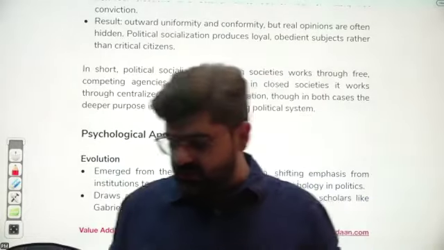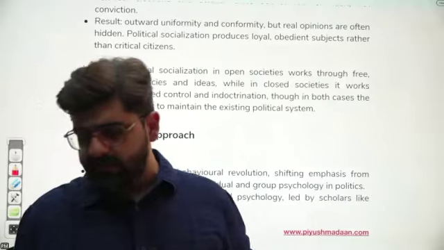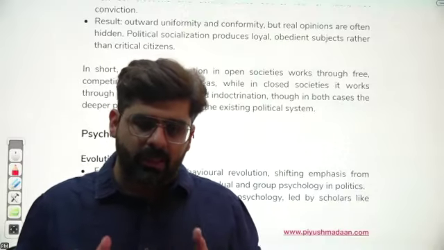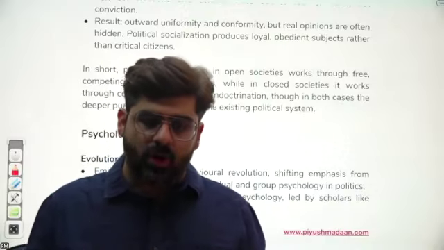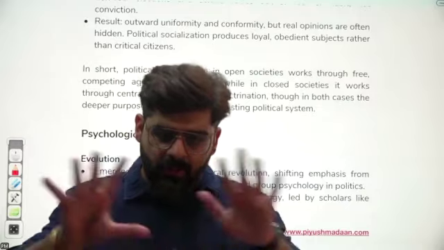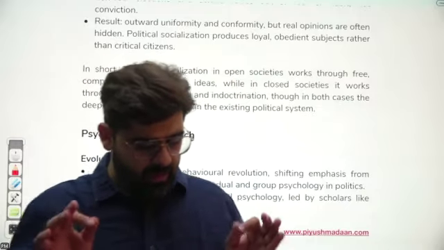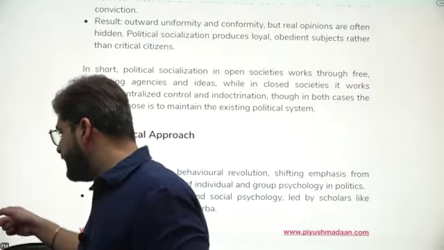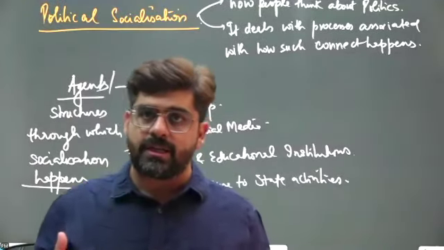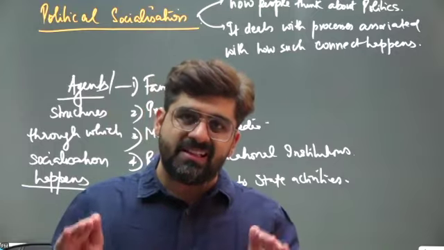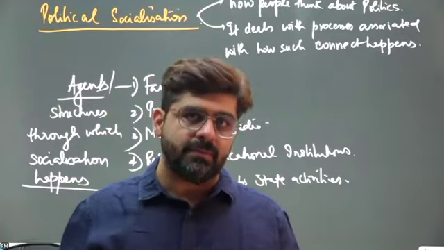If you can answer this question, I'll say you have great understanding. How do liberal countries, the Western world, ensure that despite all the freedom which is given to you, the system still remains stable?